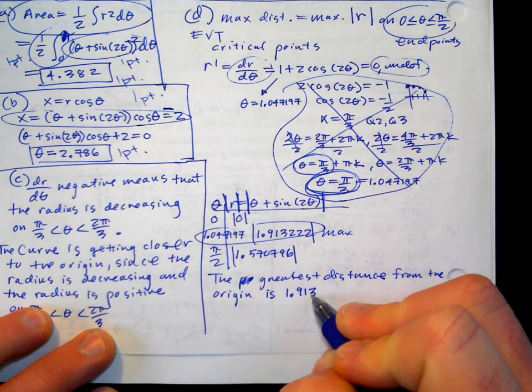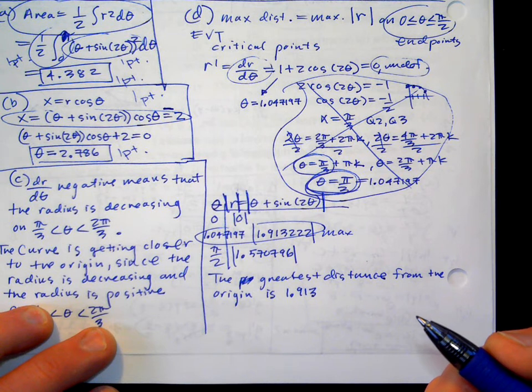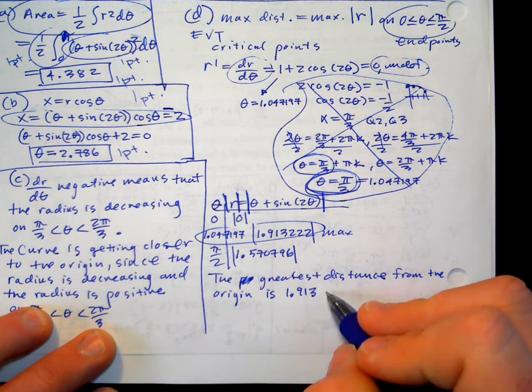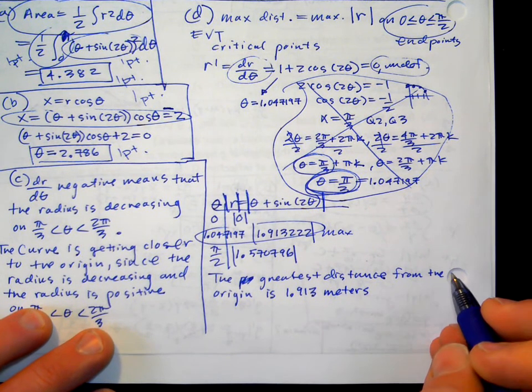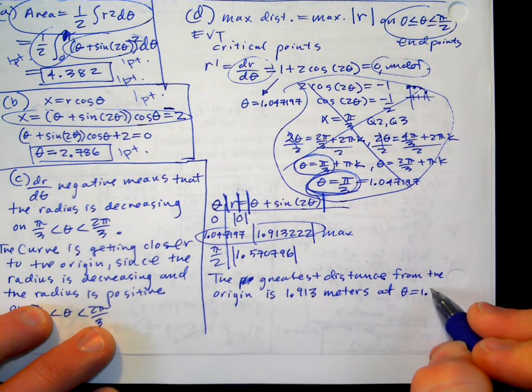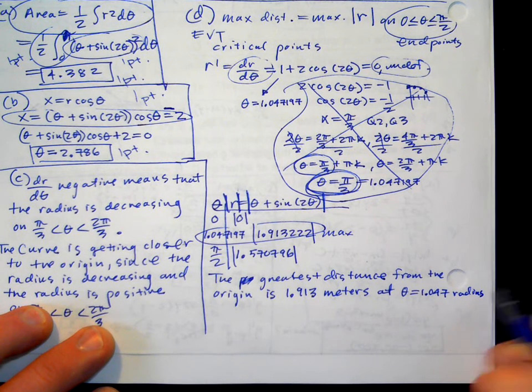And I think they have units here, right? Didn't they say feet somewhere? I thought I remember seeing feet. Yeah, R is measured in meters. Oops. Is 1.913 meters at theta equals 1.047 radians. Okay, so that's just the answer.